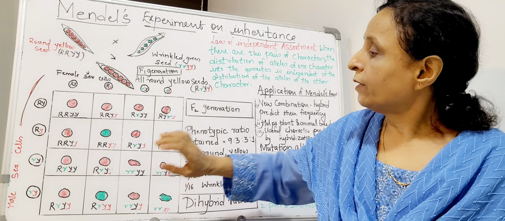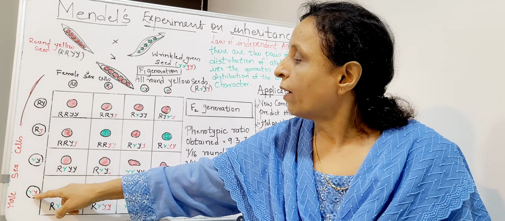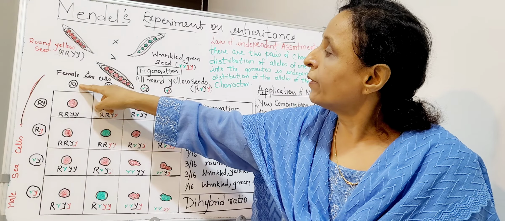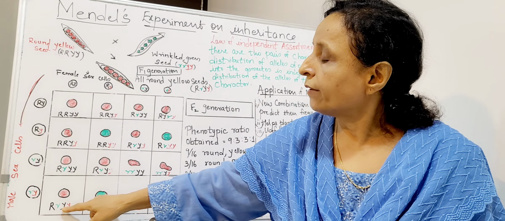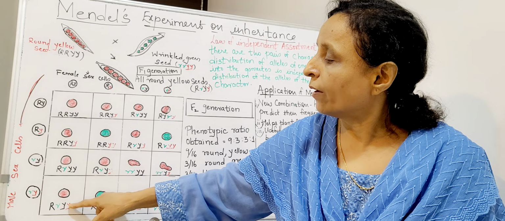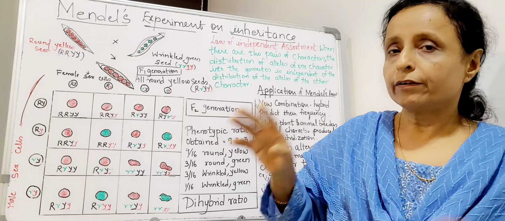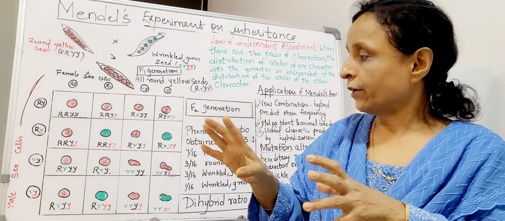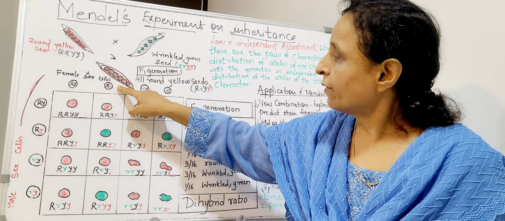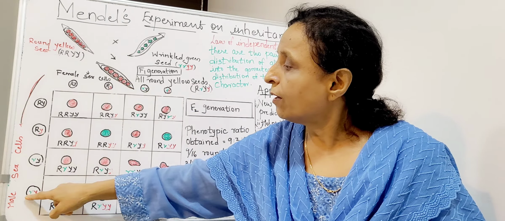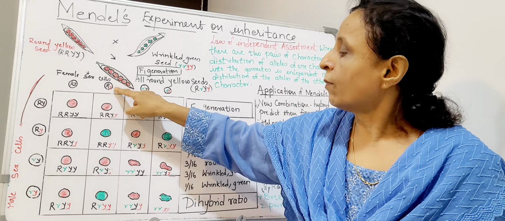So now next combination is small r y into capital R y. Capital R, small r, capital Y, small y. So now if a capital is there, then it is going to be round and yellow. Now this combination will take place with this, that is small r, small y, capital R, small y.